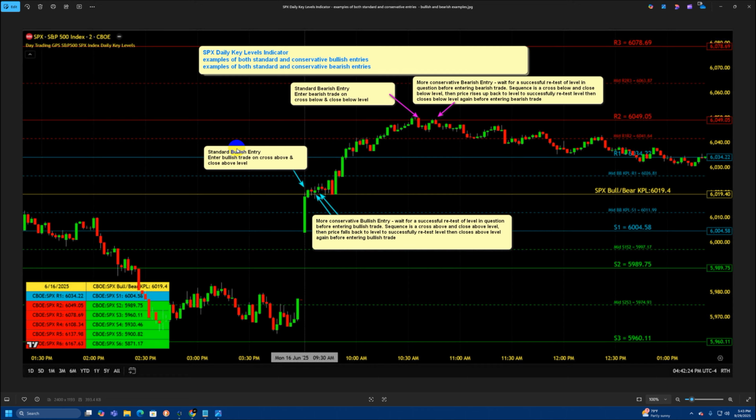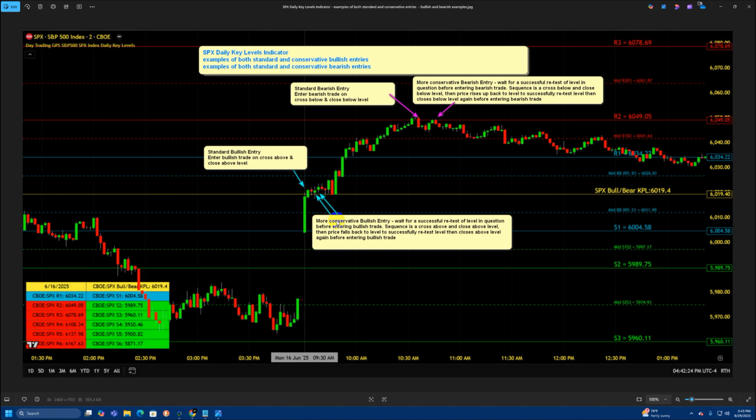So again, just to go over it again, the standard bullish entry is a cross above and close above the level in question, in this case the BBKPL. So you would enter on the close of this candle here.